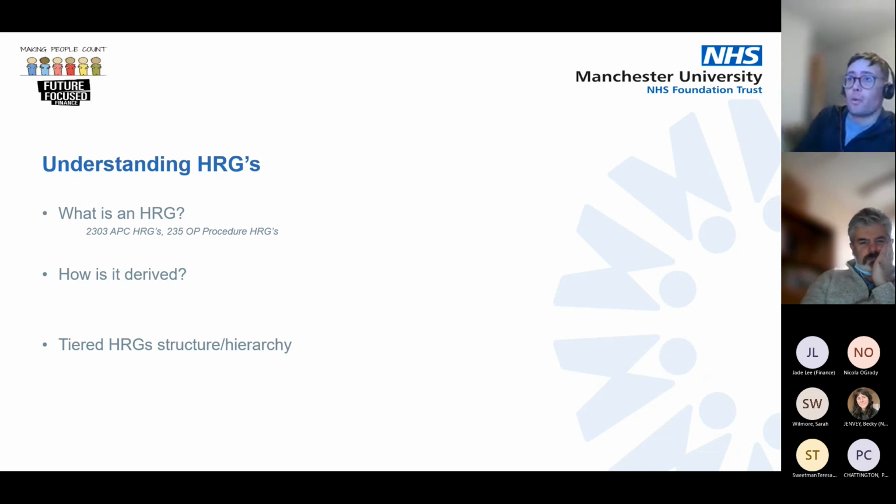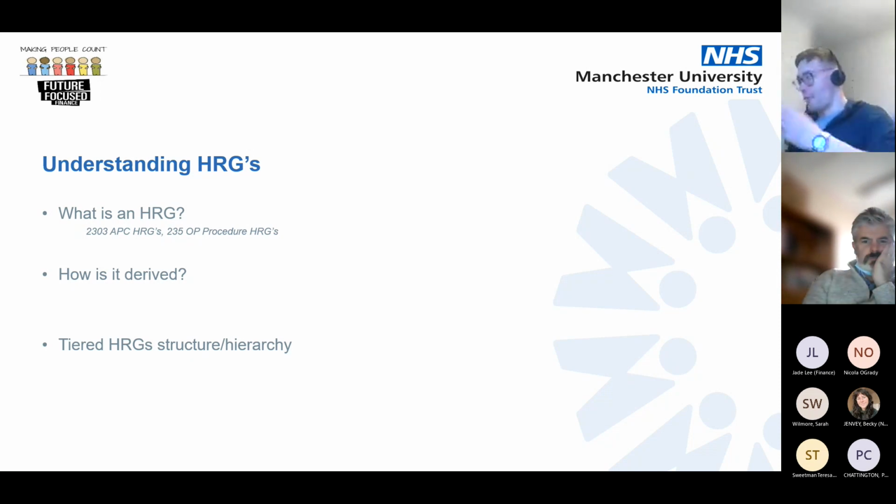What elective recovery was, everything non-elective remained on block contracts, and most elective activity shifted back to a PBR model, and that was to encourage trusts to increase their electives and clear that backlog, because they'd get more appropriate funding and likely more income than they would from their block contracts.